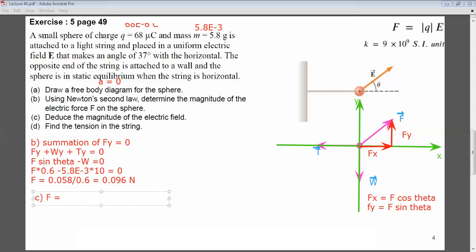F equals the absolute value of Q times E, which implies E is equal to F, which is 0.096, divided by the charge Q, which is 68 microcoulomb. And I get the answer 1411.7 Newton per coulomb.